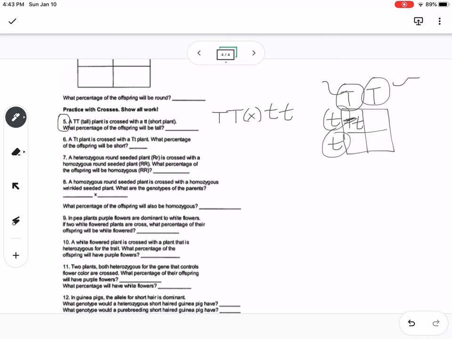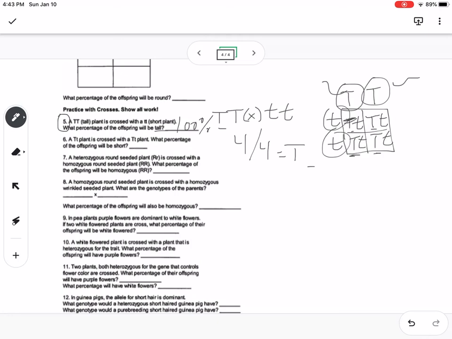Big T, little t. Big T, little t. What percentage of the offspring will be tall? Remember, tall is dominant. So it looks like 4 out of 4 have a big T. So that means 100% would be tall.